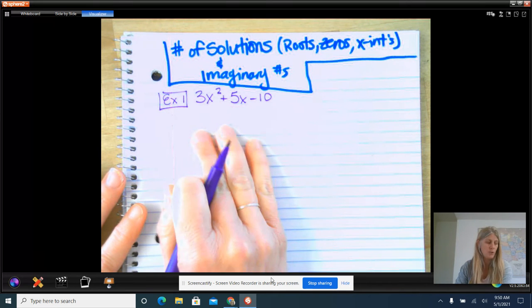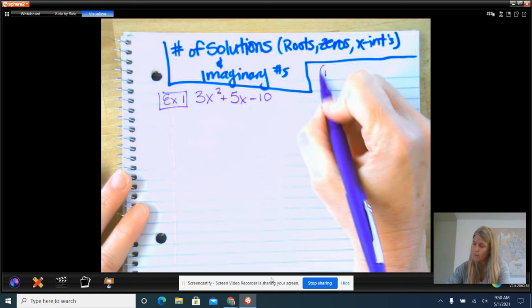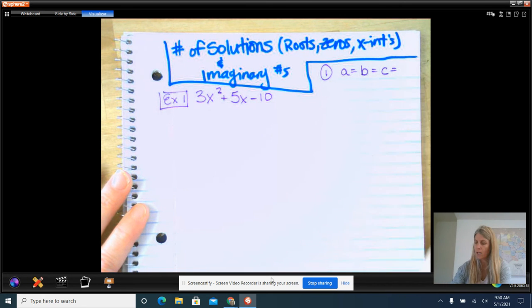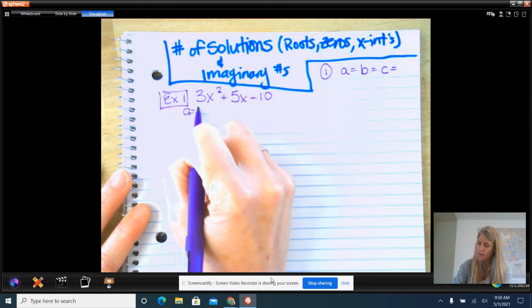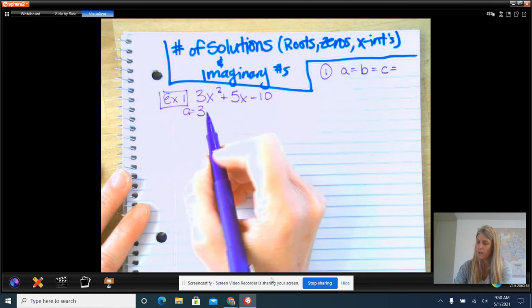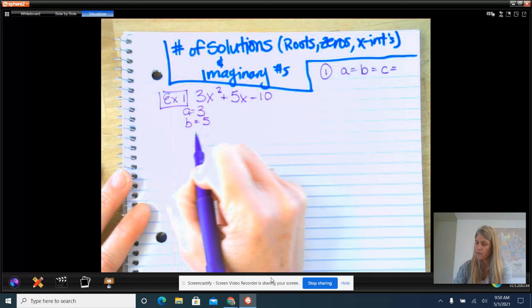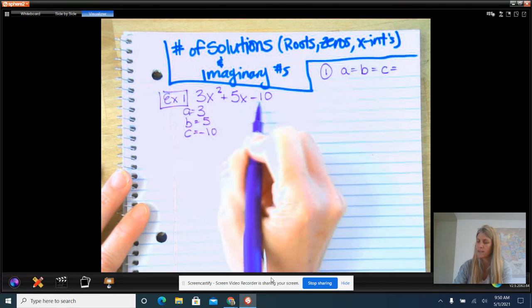Our first step is to pull out your A, your B, and your C. Our A in this case is 3, the number in front of the x squared. Our B is 5, the number in front of the plain x, and our C is negative 10. Make sure you're including that sign.